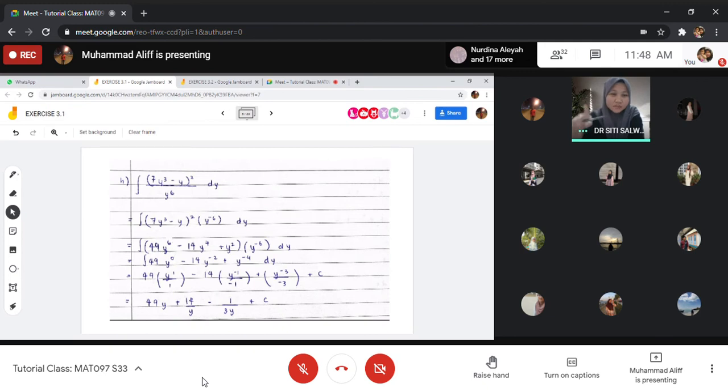Okay, kita ada key point kat situ. Kalau U substitution, nak tak nak memang you kena solve guna U substitution lah. Unless kalau dia tak bagi tahu, actually you ada method lain yang you boleh guna lah. Macam ni contohnya you boleh buat direct substitution lah. You expand, you simplify. Okay, so and then you dapat the simplest form tu. Okay, later on baru you integrate.